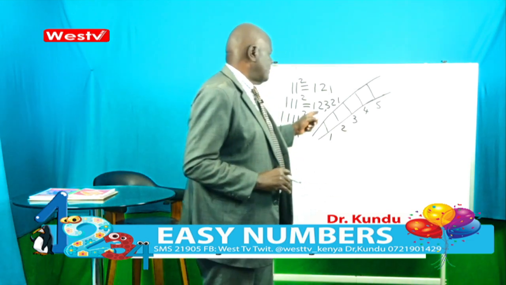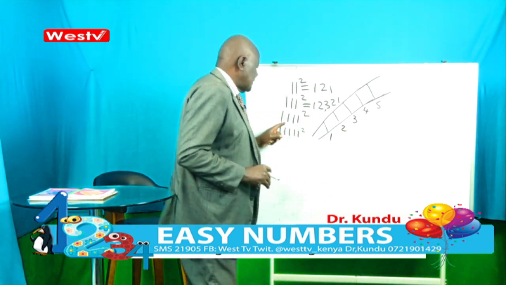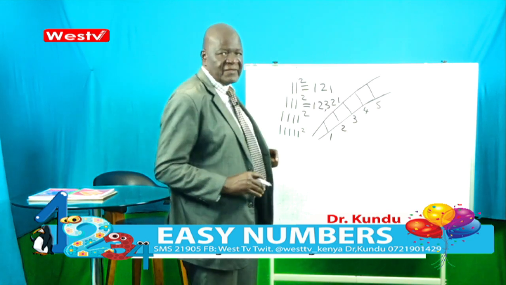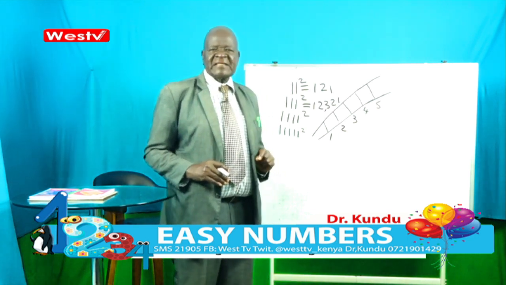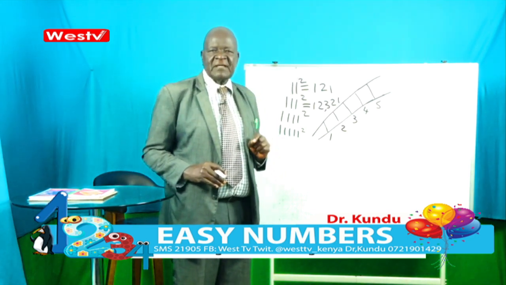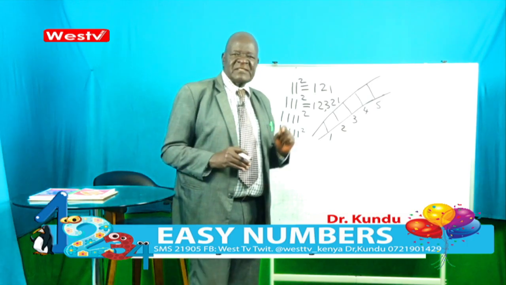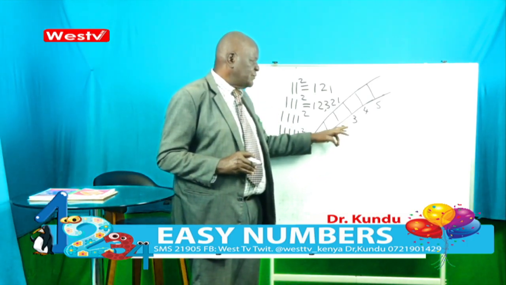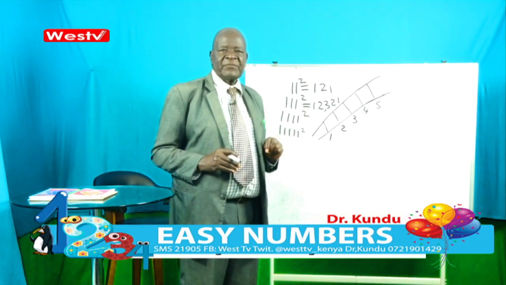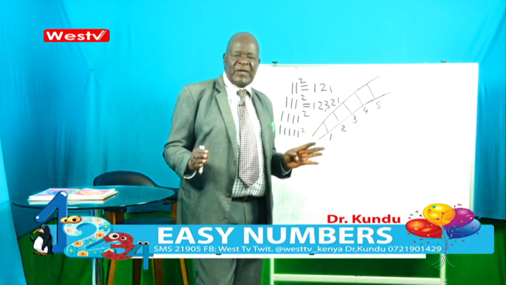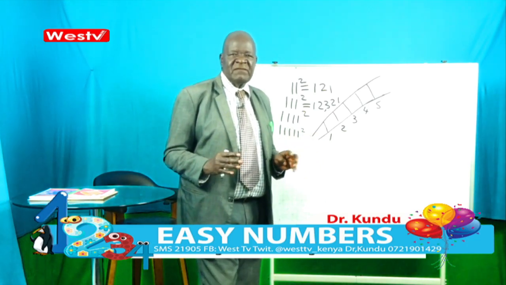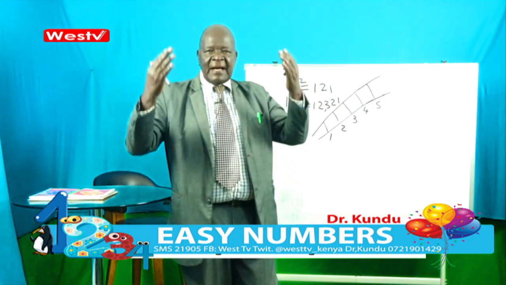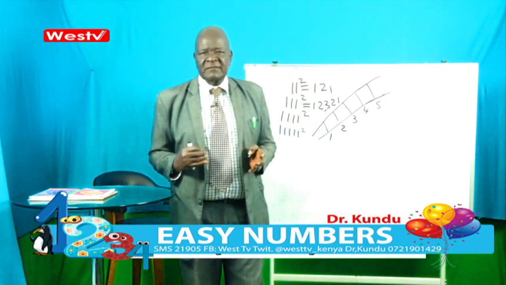Let's look at a number like 1,111. It has 4 ones in it, and that means this is a ladder of 4 stairs. 1, 2, 3, 4. So if you are going to square this number, you will behave as if you are climbing up and down a ladder of 4 stairs.